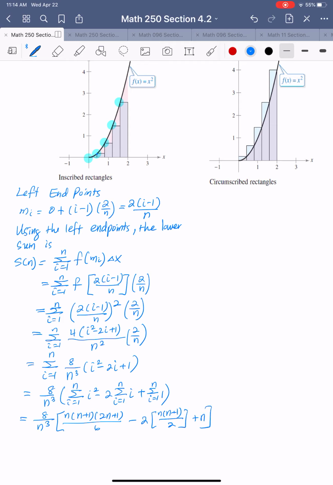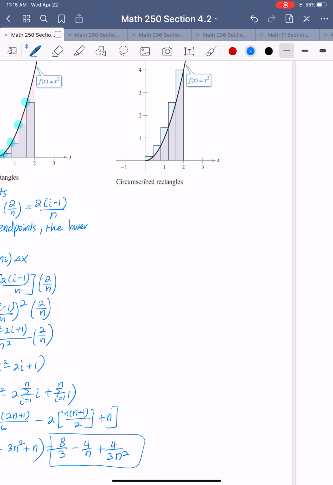If you simplify further, you get 4 over 3n cubed times 2n cubed minus 3n squared plus n. Distributing, you get 8 thirds minus 4 over n plus 4 over 3n squared. So this is what you get.